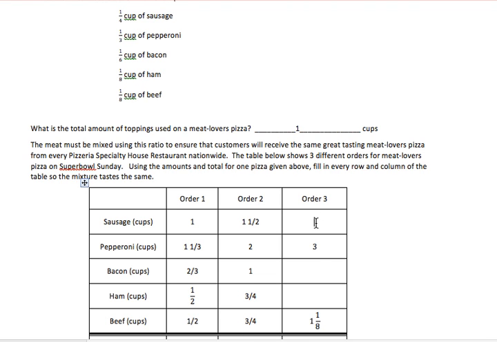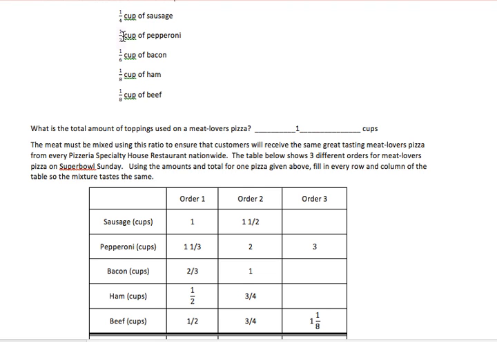Finally, on order 3, if there are 3 cups of pepperoni, 3 cups of pepperoni can only be yielded when you multiply by 9, because that would give you 9/3, and 9 divided by 3 is 3.